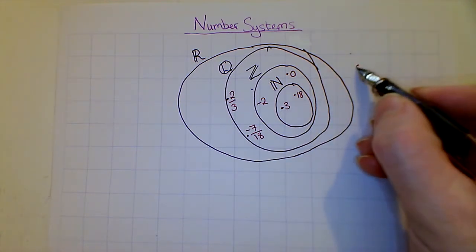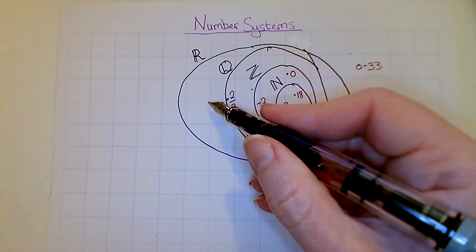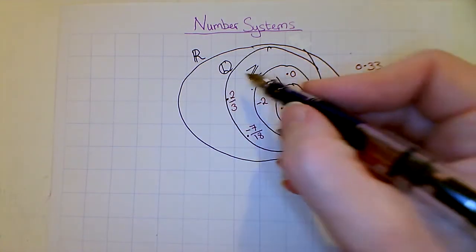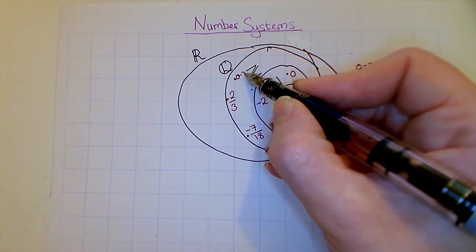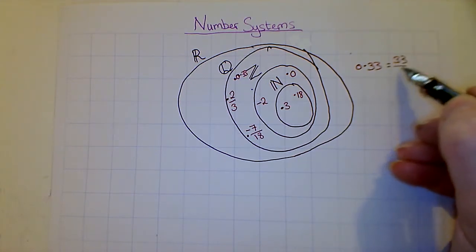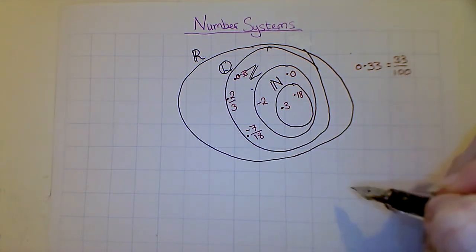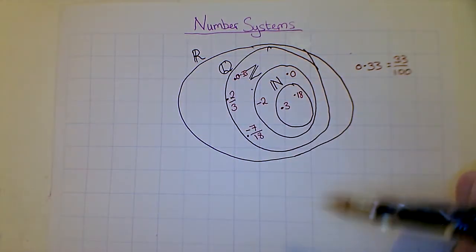So for example, 0.33 would not go in here. It would actually go in here because 0.33 can be written as a fraction. I can write it as 33/100. So I wouldn't put it in this section out here.